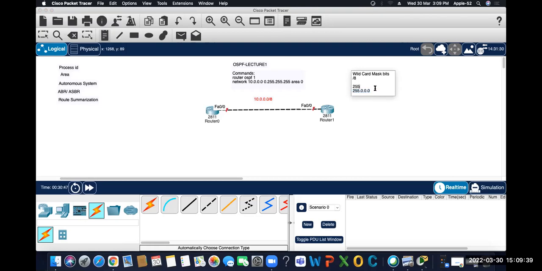Just write 255.255.255.255, and subtract the subnet mask from it. I'm again repeating, just write your subnet mask in this 255 way, and subtract it from all 255s.